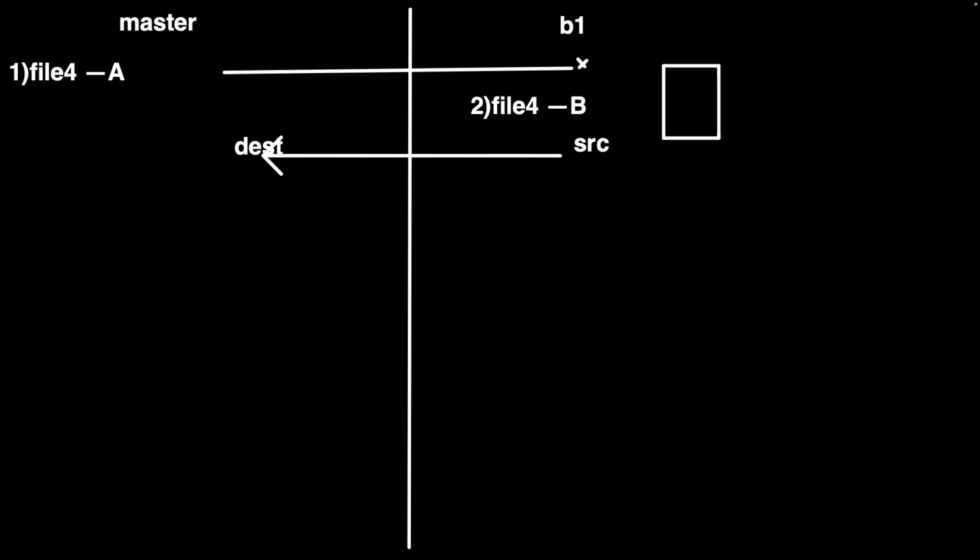Imagine the commit history of B1 like a box. This is the commit history of master, just commit A. Now when this box is coming and sitting here, okay.